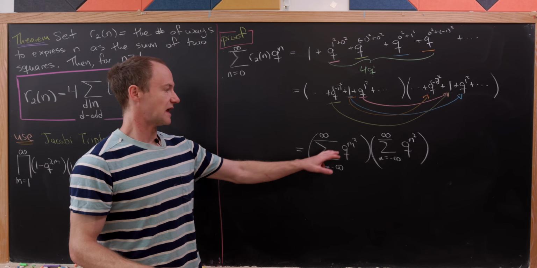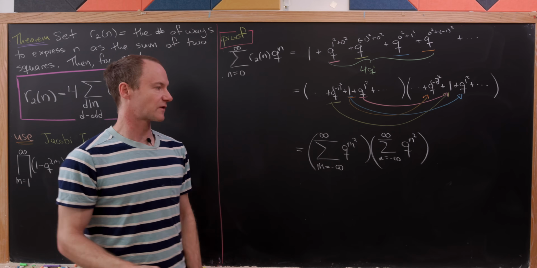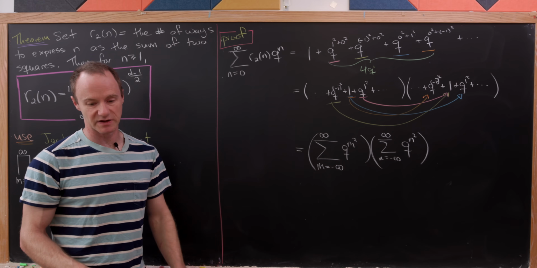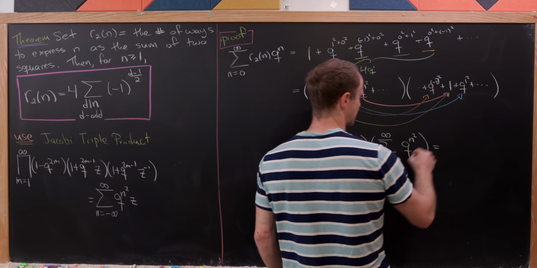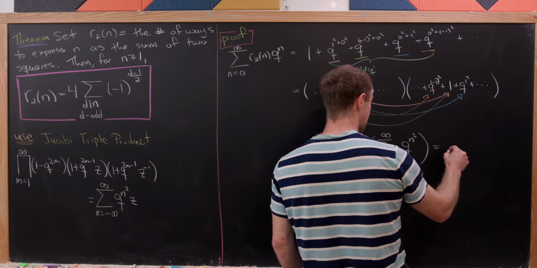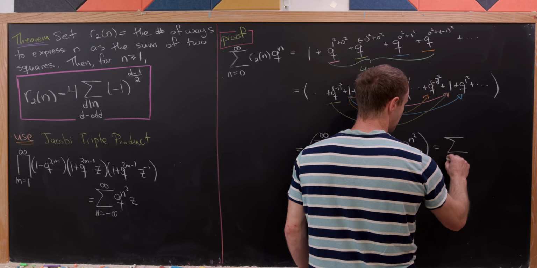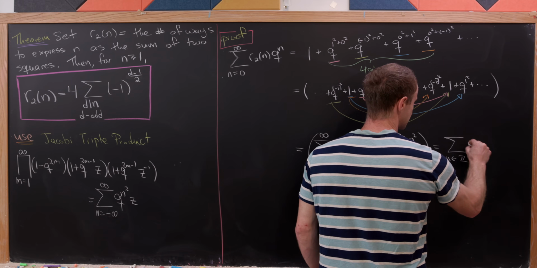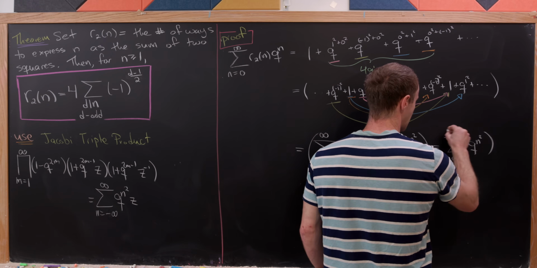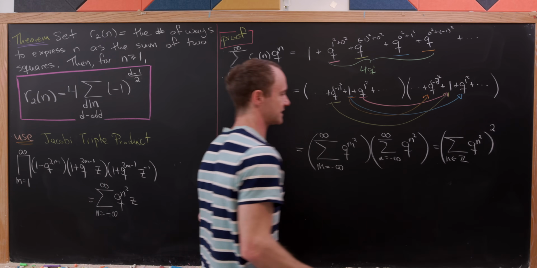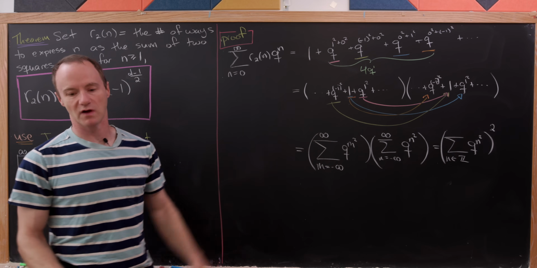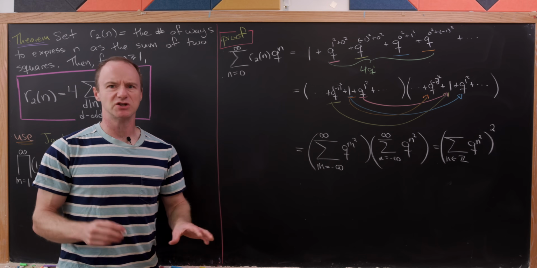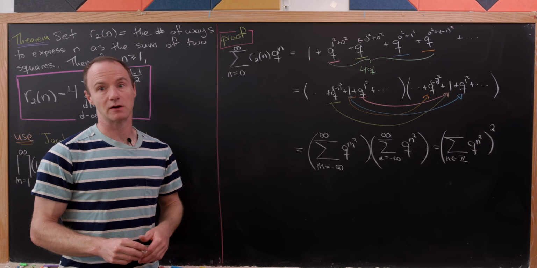So this m index would be this first term, and the n index would be the second term. Or if we want to be a little bit more succinct, we could write this as the sum as n goes over all integers of q to the n squared, and then we'll square this. Okay, so that's an important enough realization to write at the top before we jump into our main arguments.